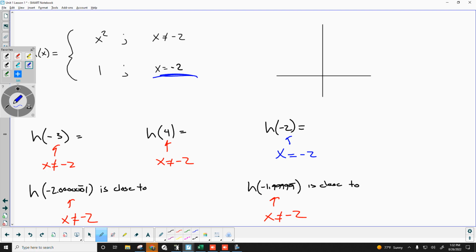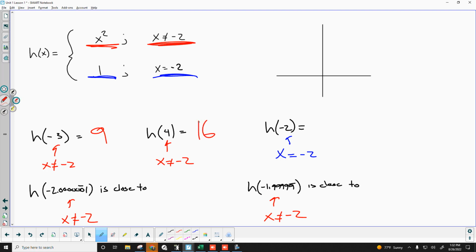So, whenever I got something not equal to -2, I have to square it. Cool? Alright, -3 squared is 9. 4 squared is 16. -2.0 with an infinite amount of zeros followed by a 1 is not -2. So I am plugging that number into x squared.